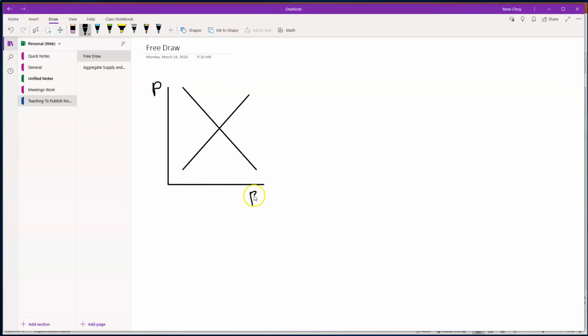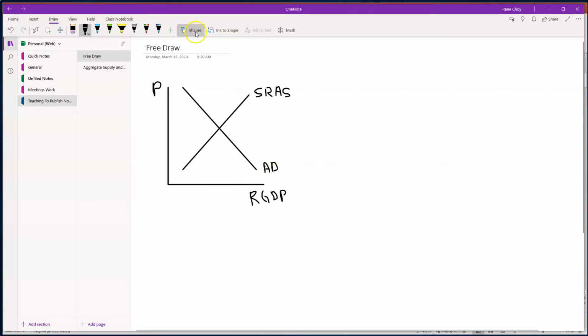On this side we have our real GDP. On this side we have our short run aggregate supply. And on this side we have our aggregate demand.